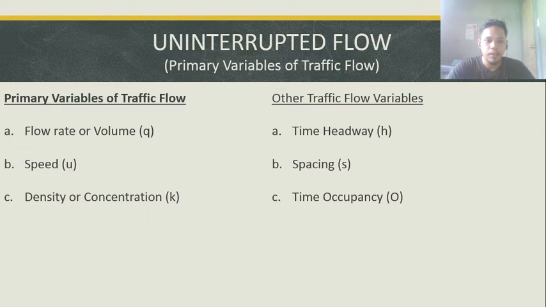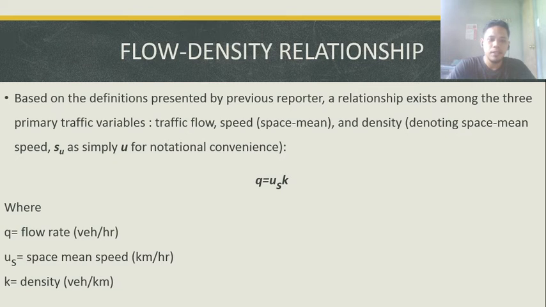As you can see, these variables were discussed by a previous reporter, and under the primary variables of traffic flow, the first one is flow rate or volume, which is Q. Next is speed, which can be substituted as U or V. And this one is density or concentration, which is K. The other traffic flow variables are time headway, which is H, spacing of the vehicles, S, and time occupancy, which is O. Next is flow density relationship.